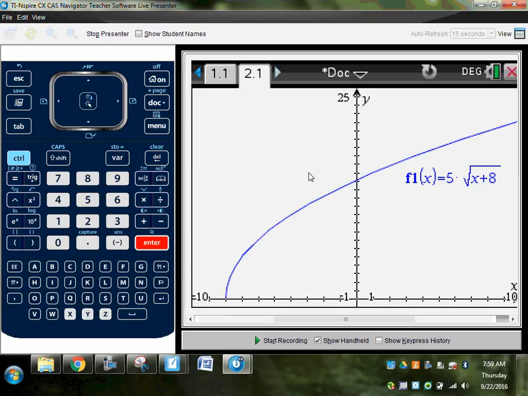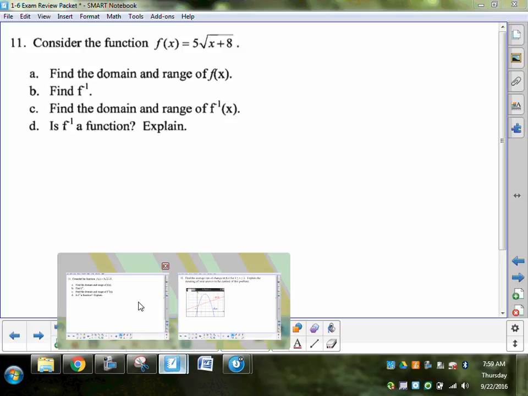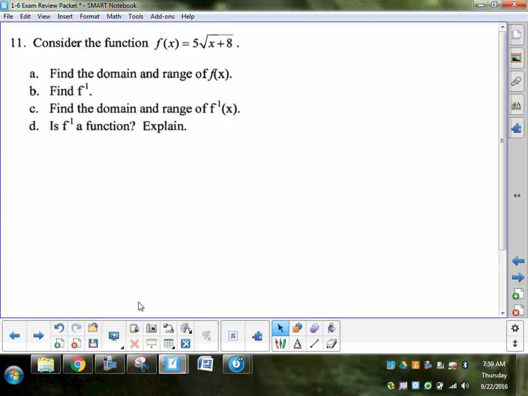So let's go through now and answer some questions on this. What is the domain in 11A? Courtney, what do you say? So I will go through and say that my domain is, hang on. And you said -8?